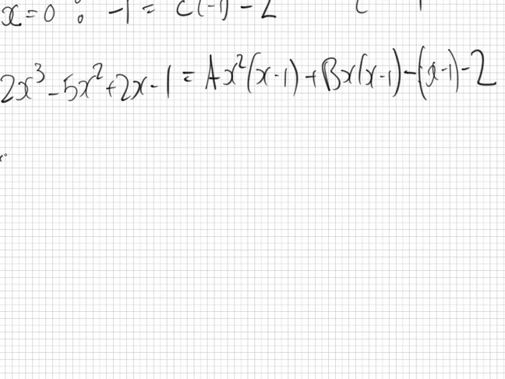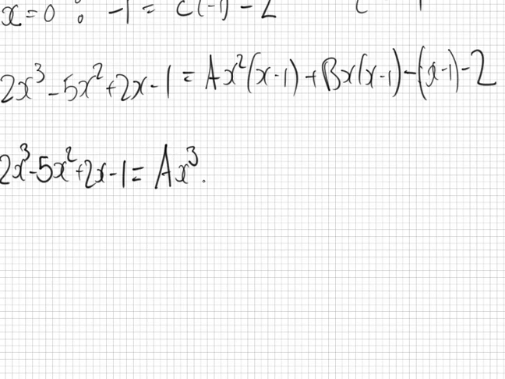I'd get 2x cubed minus 5x squared plus 2x minus 1 equals ax cubed plus, now how many x squareds do I have? When I multiply this out, I'll get a minus ax squared. Do I get any other x squareds? Yeah, from here I'll get a bx squared.